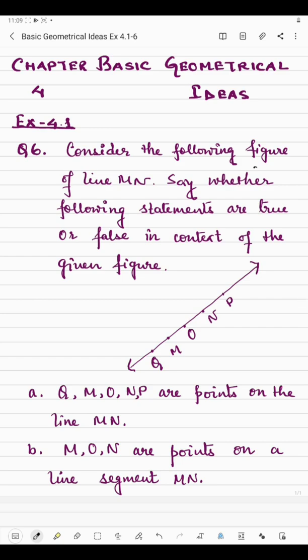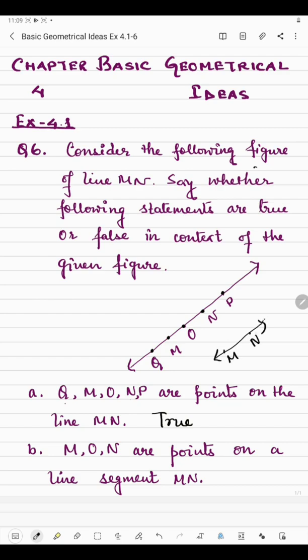Now in the first part we have Q, M, O and P are points on line MN. Now see, here is point Q, M, O, N, P are points on line MN. Yes, it's true. See here, the name of this line is given as MN, right?